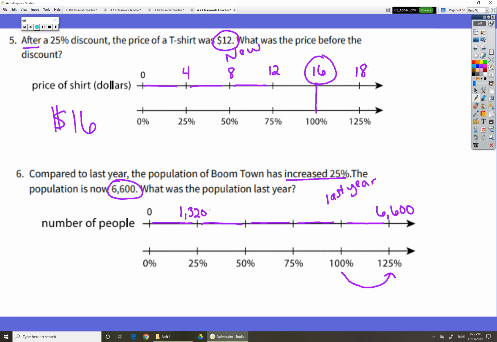So I'm going to go up by 1,320 each time. That gives me 2,640. Add another 1,320, I get 3,960. When I add another one, I get 5,280. And when I add another one, I get to 6,600. So last year was the original 100%. So last year's population was 5,280 people.